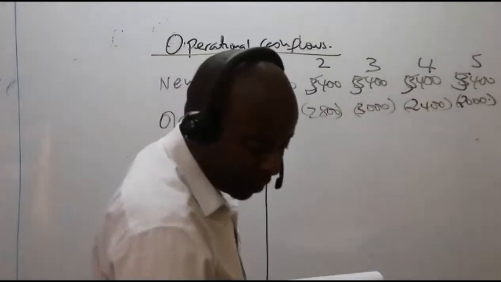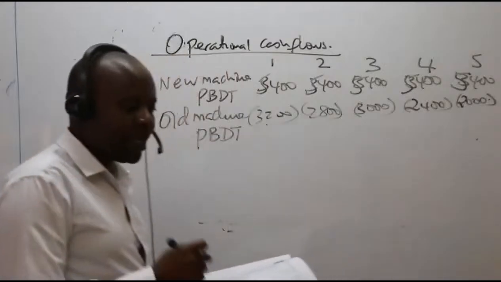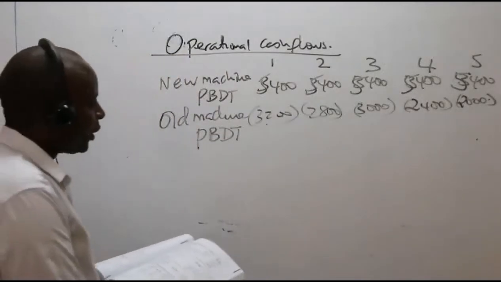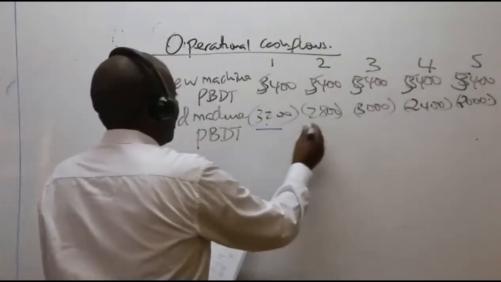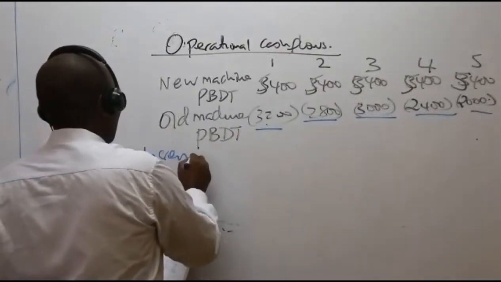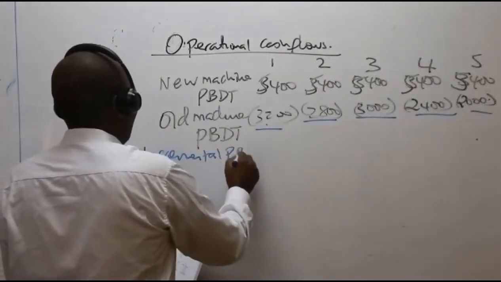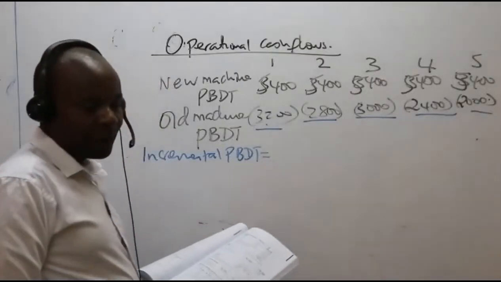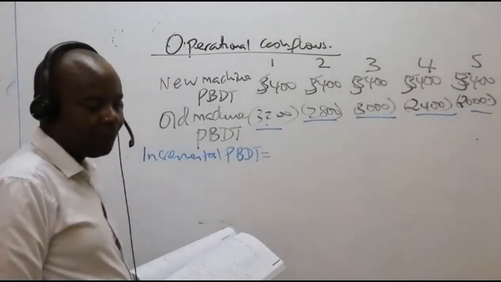Is there somebody who is able to give us that incremental PBDT? What figures do we have, somebody here?